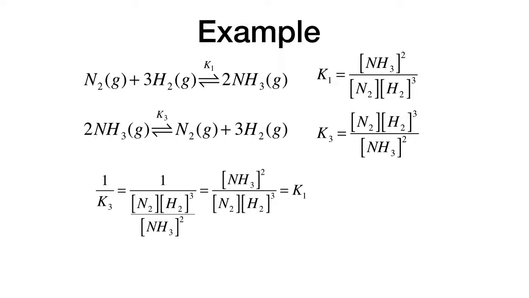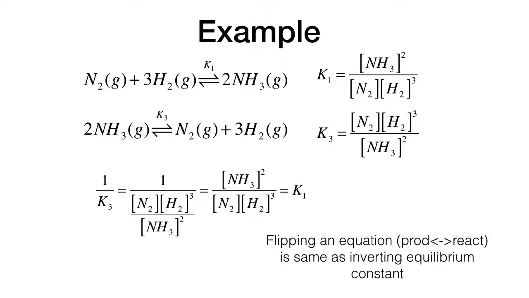The relationship between K1 and K3 is that 1 over K3 is equal to K1. When we exchange products for reactants, then the new equilibrium constant is 1 over the old equilibrium constant.